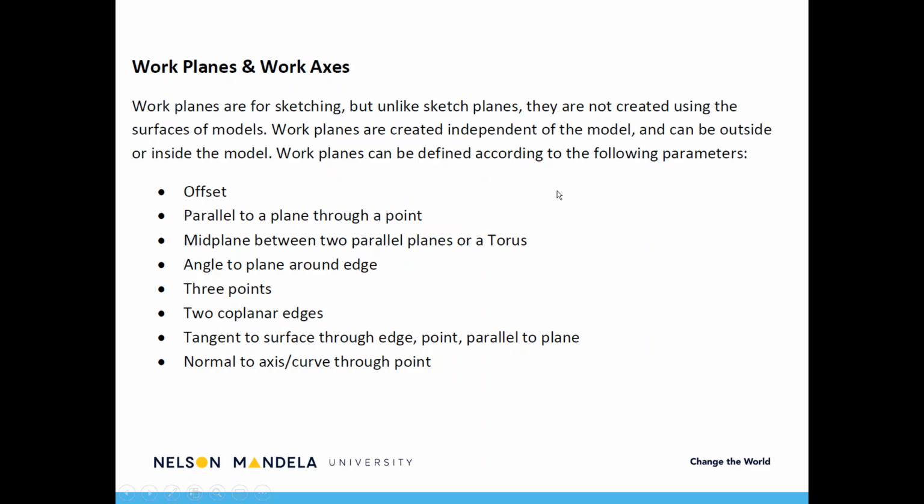But then it gets tricky sometimes if the face is tangent, so you can't draw on a tangent face. That's where you will use your work planes. So these are different types of work planes. You can go through them from your slides, but the basic one we're going to use is this offset. All of them are self-explanatory.